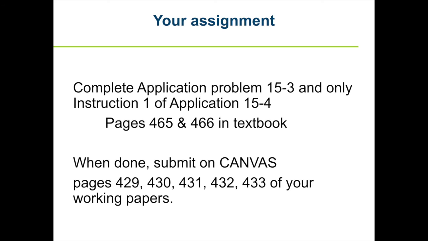And then when you flip to page 466, instruction 1 is you will post the adjusting entries to the general ledger. So you'll take your general journal entries and you post them to the ledger accounts. When you are done with that, you will submit on Canvas pages 429, 430, 431, 432, and 433, and make sure these get submitted under application 15-3.